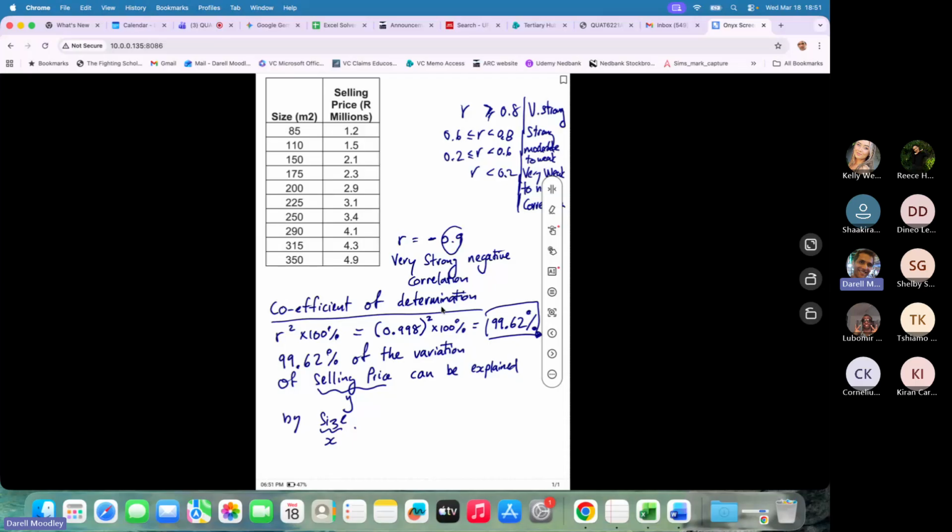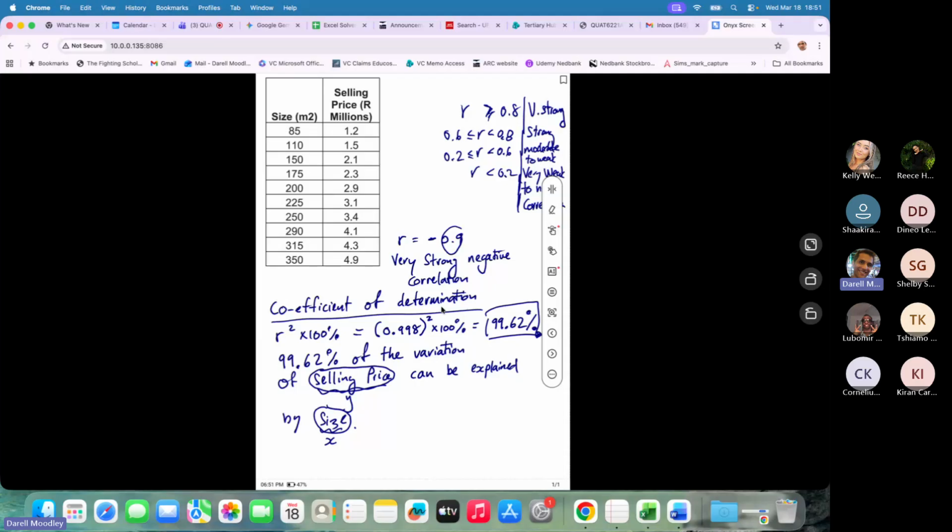Now I'm going to emphasize this. I've seen a lot of students, instead of actually saying what the y is, they just put y. And instead of saying what the x is, they just put x. They don't say size for this example, and they don't say selling price. And if you do that, you won't get marked, because you're just providing the general interpretation, and that's not good enough. What we are trying to assess is that you can apply the theory in practice.